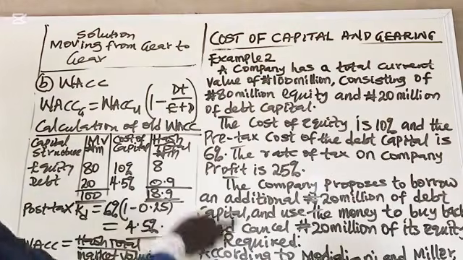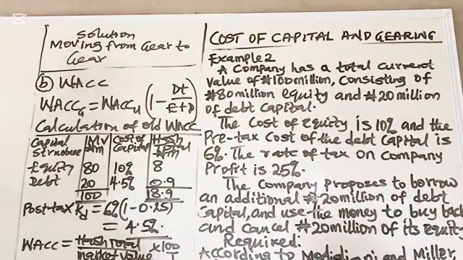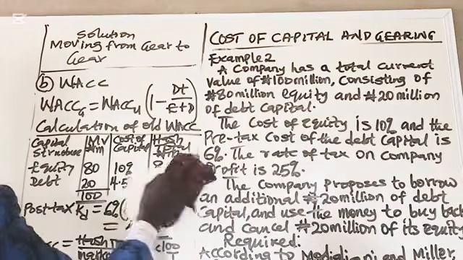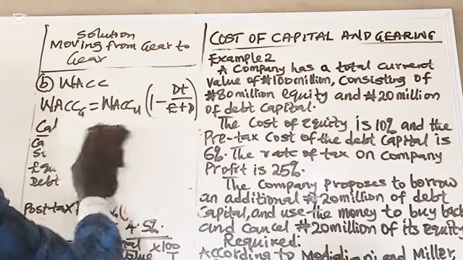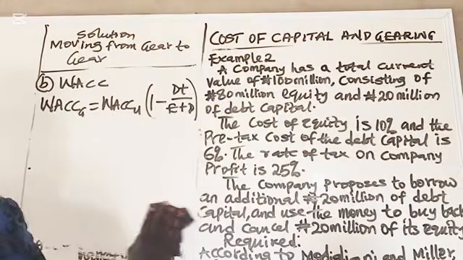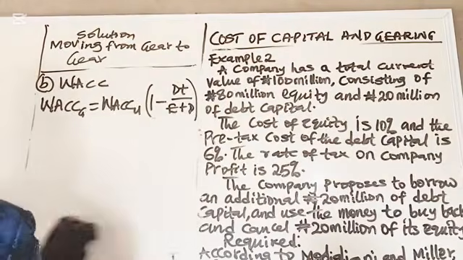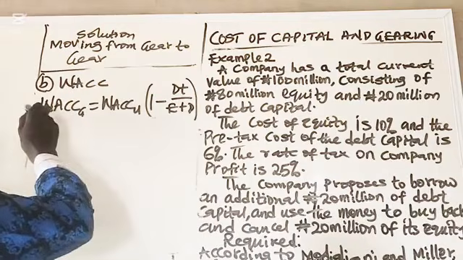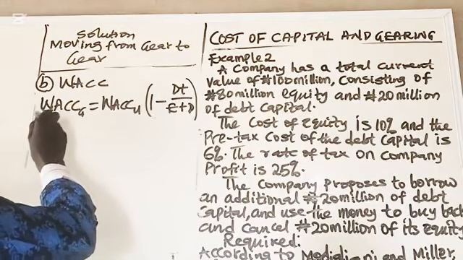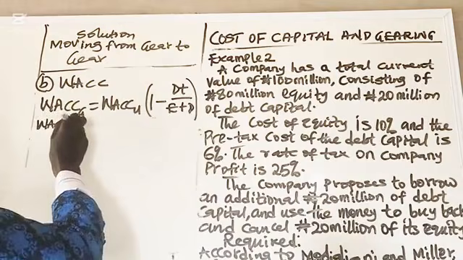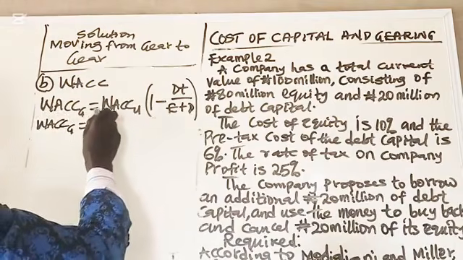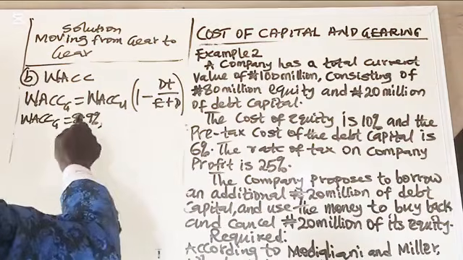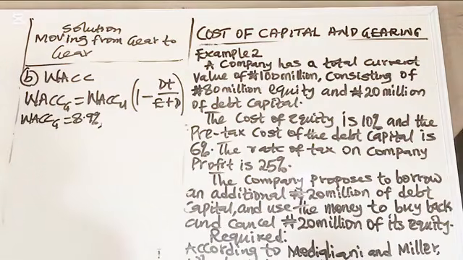Then I've told you if you want to move from one level of gearing to another, you have to ungear first. So now we want to ungear. The WACC of the geared company is what we have calculated, 8.9%.